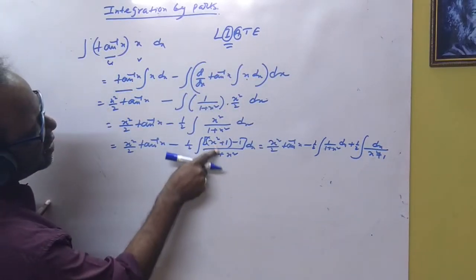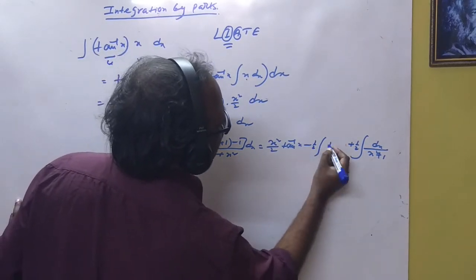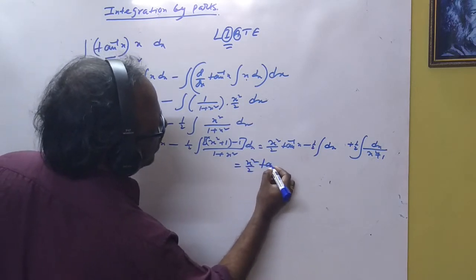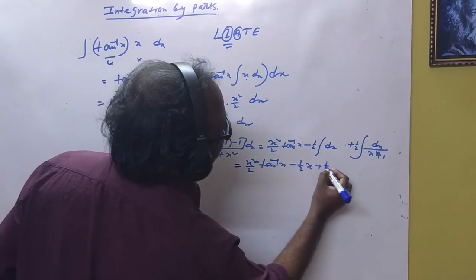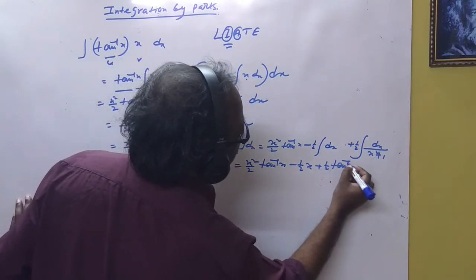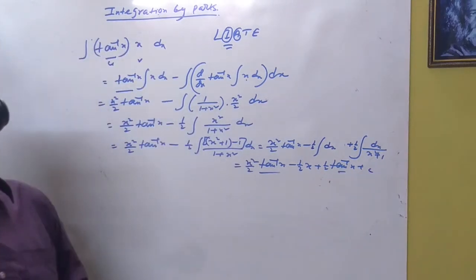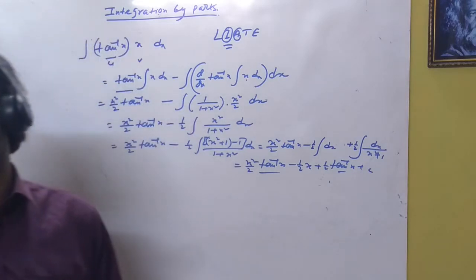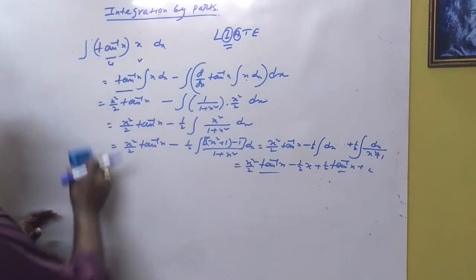Sorry, there is a mistake, this divided by this is 1, this is only dx here. So now see, x square by 2 tan inverse x minus half x plus half tan inverse x plus c. We take tan inverse x common and arrange the result, and this is your answer.